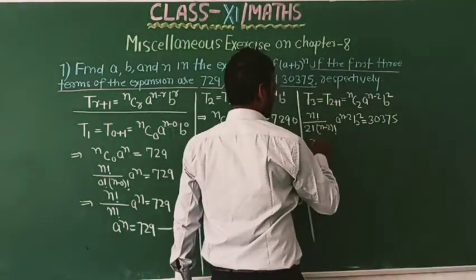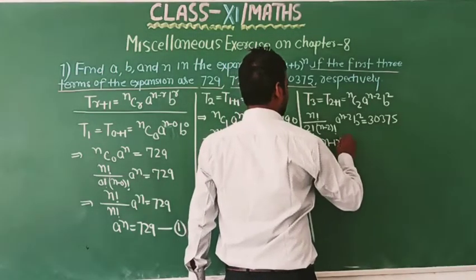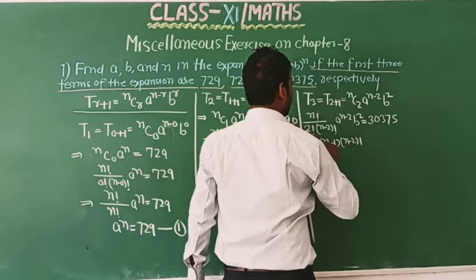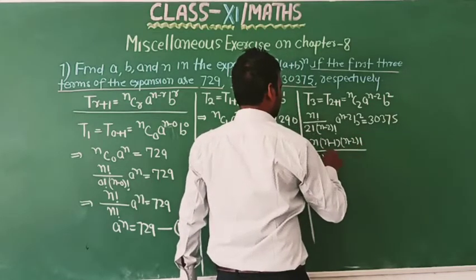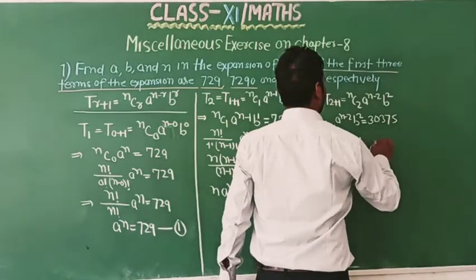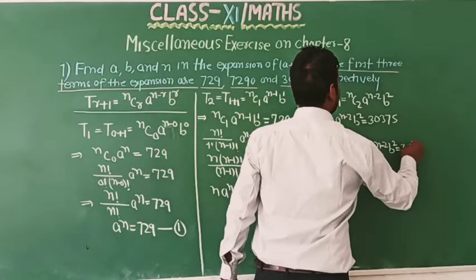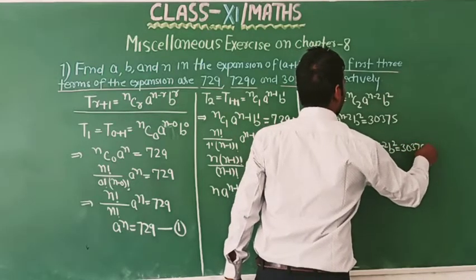So this is n(n minus 1) times (n minus 2) factorial divided by 2 into 1 and (n minus 2) factorial, a to the power n minus 2 and b to the power 2 equal to 30375.